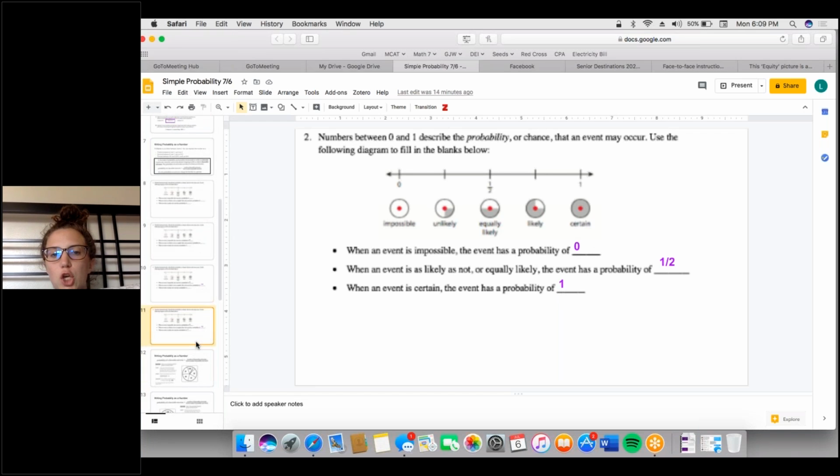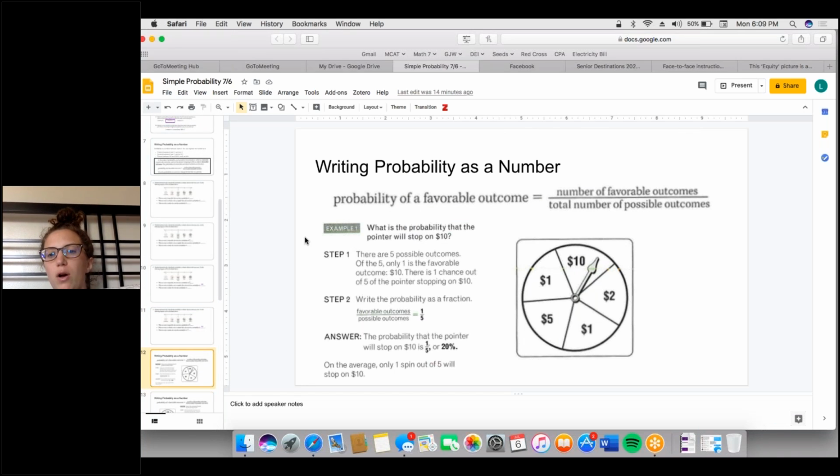So now, using that cue about favorable outcomes, about writing probability of favorable outcomes as this fraction, we're going to look at a few examples. In this example and the next example, we're looking at this spinner here. And this question asks us, what is the probability that the pointer will stop on $10?